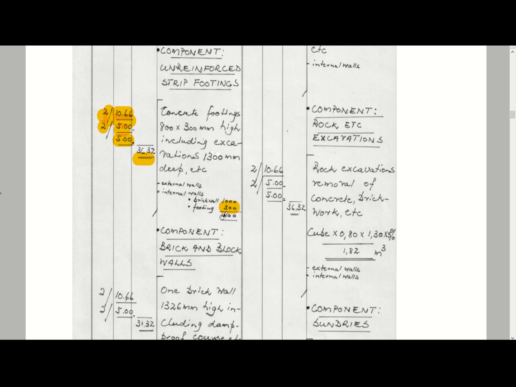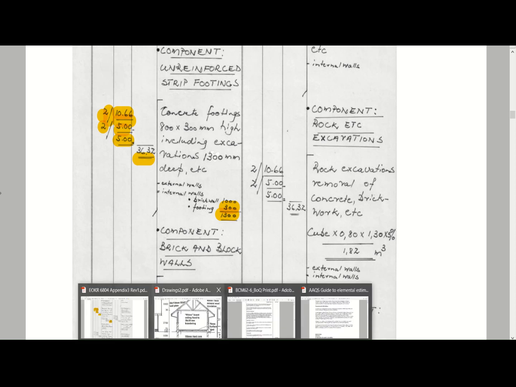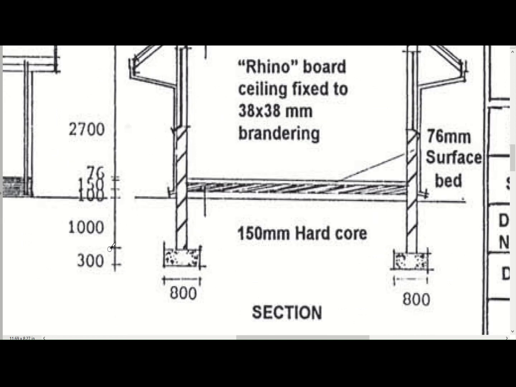So this is just to get, whenever you do your measurement and you need to transfer it to your cube measurement, you can actually see what the depth is, and when you take it over to your bill of quantities, you times it with this 1.3. So let me just go to our drawing. It's this I'm talking about, the 1 meter excavations below natural ground, and then just the 300 millimeters for your strip footing as well.